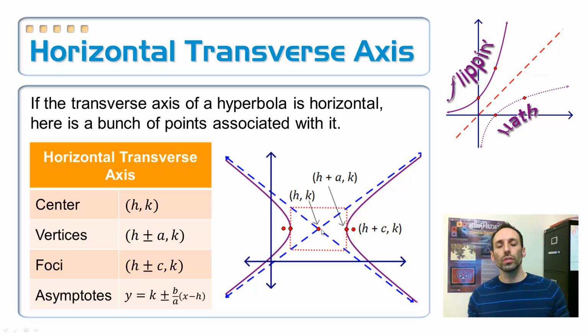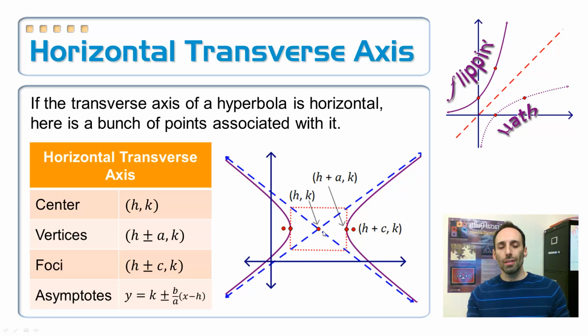So to find the vertices along a horizontal line, I start at (h, k), and I move to the right a, and to the left a, in order to find my two vertices. In order to find my focal points, I would start at (h, k) again, and this time move to the right c, so that's h plus c, and to the left c, h minus c, but the k stays the same.